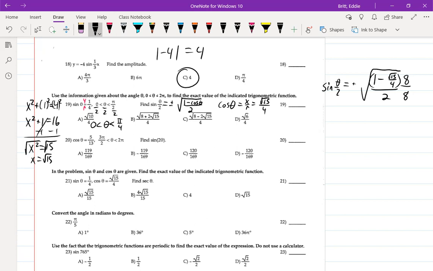So I do have to multiply the 8 times both numbers there. So that's going to be a positive and its square root of 8 minus, again, 8 times this term. 8 divided by 4 is 2. So that's going to be 2 square roots of 15 over the square root of 16, which is equal to 4. So that's my answer. So it's C.